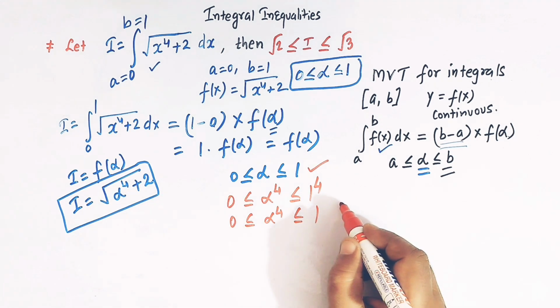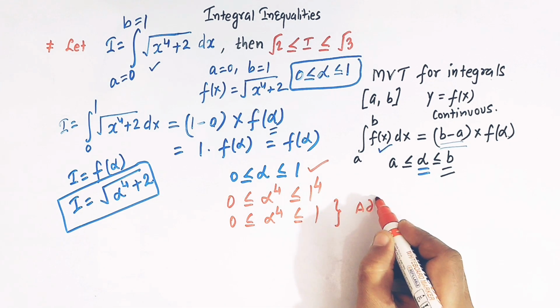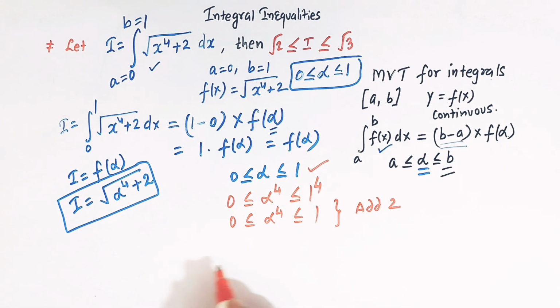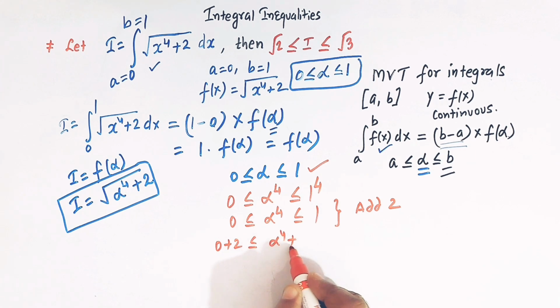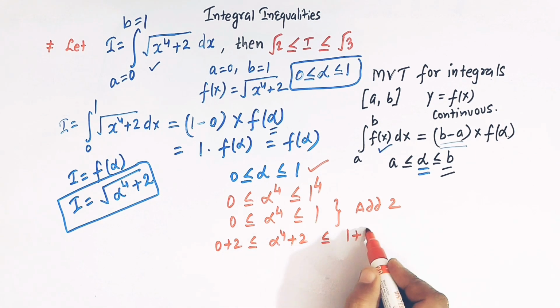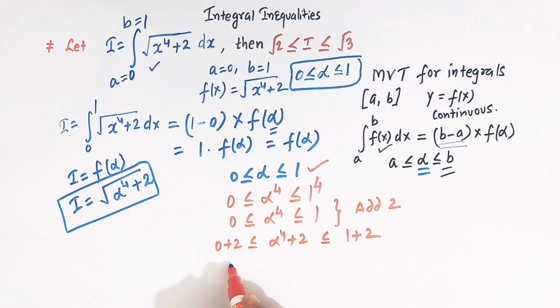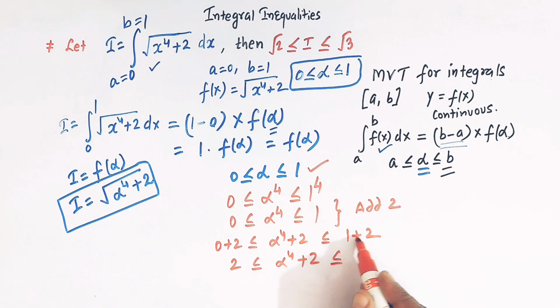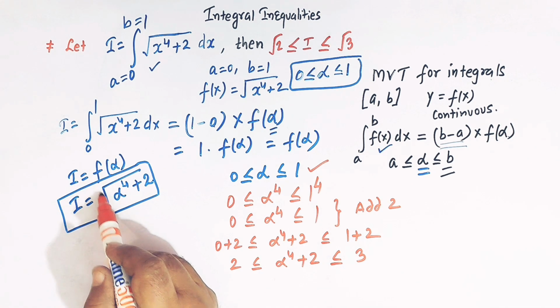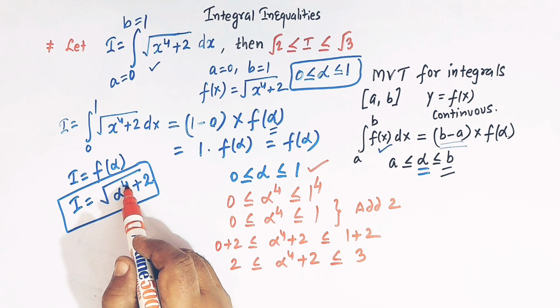So what we will do, let us add 2 throughout this inequality. So we have 0 plus 2, alpha raised to 4 plus 2, here we have 1 plus 2. So this is 0 plus 2 is 2, this is alpha raised to 4 plus 2, this is 1 plus 2, 3, right?